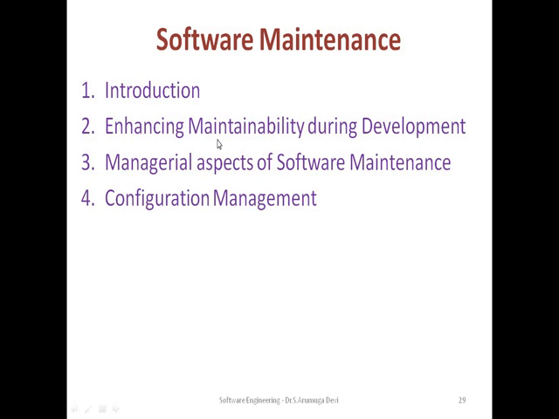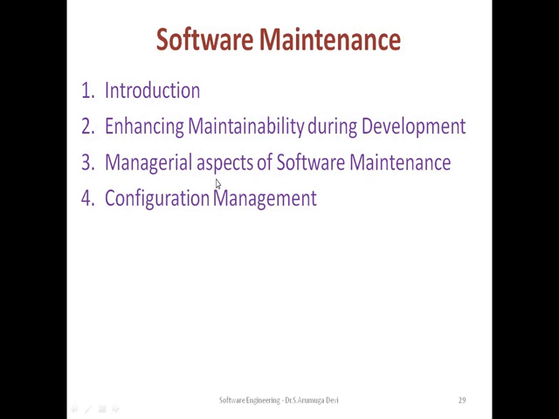The primary goal of software development is to produce a maintainable product. As you know, we are spending much time on maintenance, so producing a maintainable software product is the primary goal of software development.